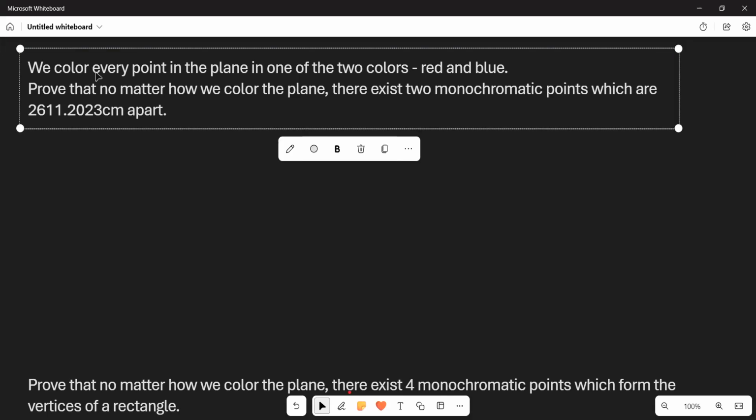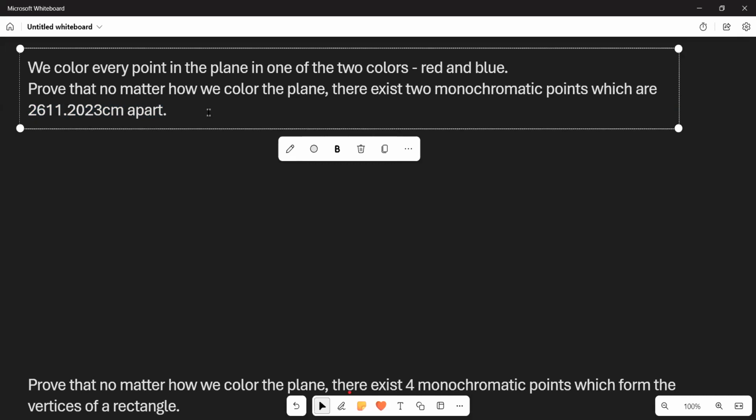Okay, so what is a plane? Think of a plane as a two-dimensional, infinite piece of paper. That's all a plane is. And now you're coloring every single point on it, either red or blue. Now, what you want to show is that no matter how we color the plane, there are two monochromatic points which are this much centimeters apart, 26.112023.